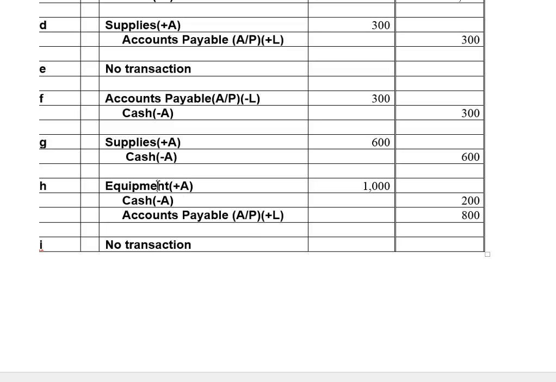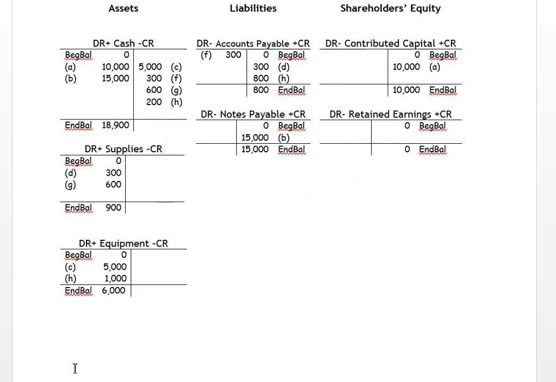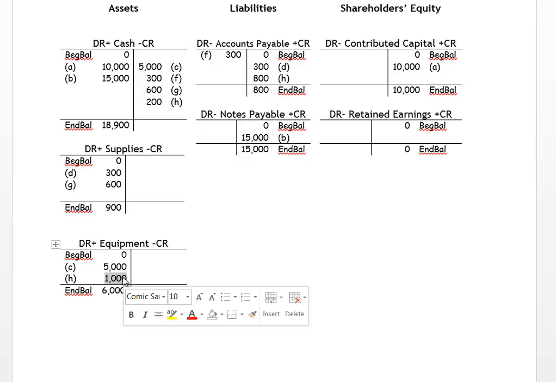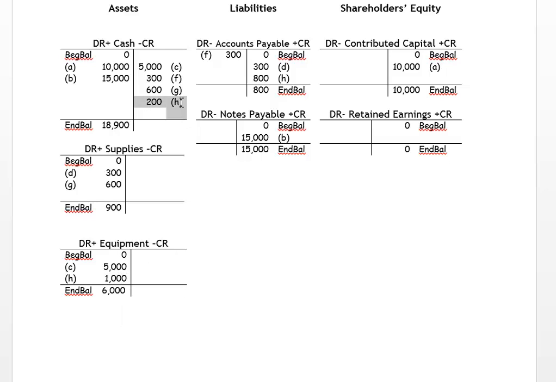But in H, she bought equipment, she paid cash $200, and she put the rest on account. So we have a debit to equipment, credit to cash, and credits to accounts payable from step 2. So how does that go into posting? Well, we debited our equipment, $1,000. We credited cash, and note again, H is matched up with H here, but we've got a credit of $200 and a debit of $1,000.